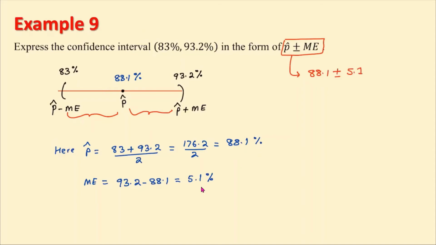That's another way of writing the confidence interval. The interval form is written as the point estimate plus or minus the margin of error. So our final answer is 88.1 plus or minus 5.1. That is the end of example 9.